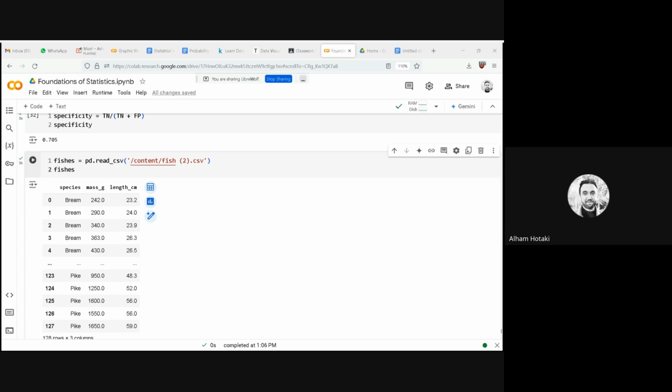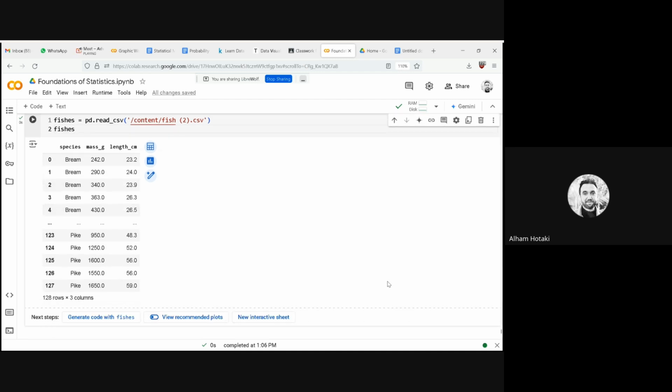But if we have a new column in this fish data set, which right now has length, then mass, and then species type, and we have another column, which could be the height.